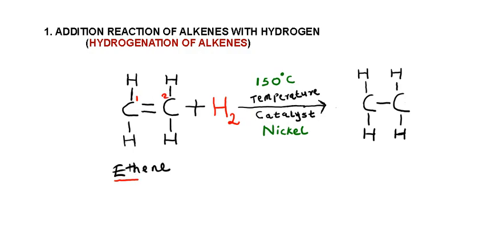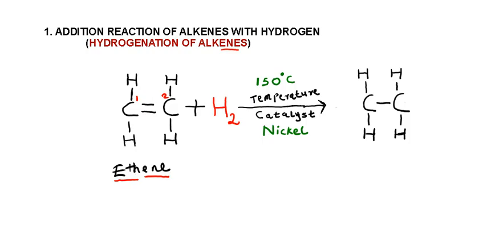Then because of the double bond here, this double bond belongs to a group called alkene. So we take the ENE from the alkene and add to this eth, it becomes ethene. So this organic compound is called what? Ethene. Now, this organic compound is reacting with hydrogen.